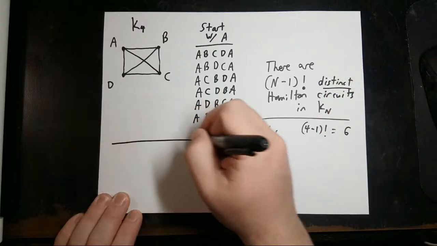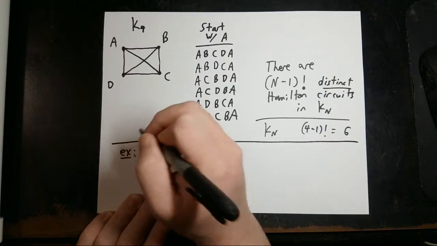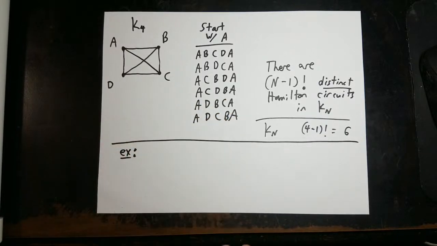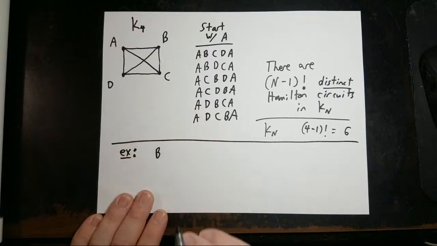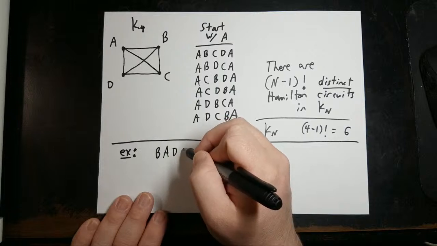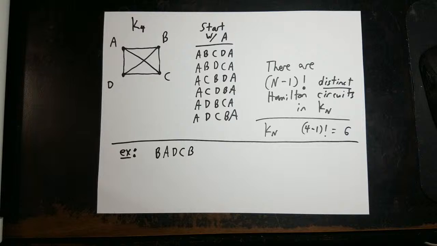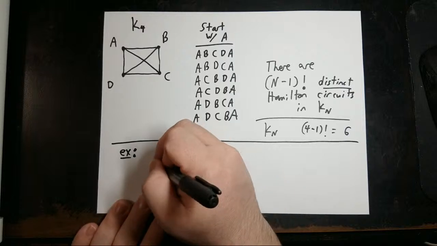If I were to start, let's just say, with B, and this is important for later on, if I start with B, I could go A, D, C, B, and I had to get back where I started. But here's the thing.